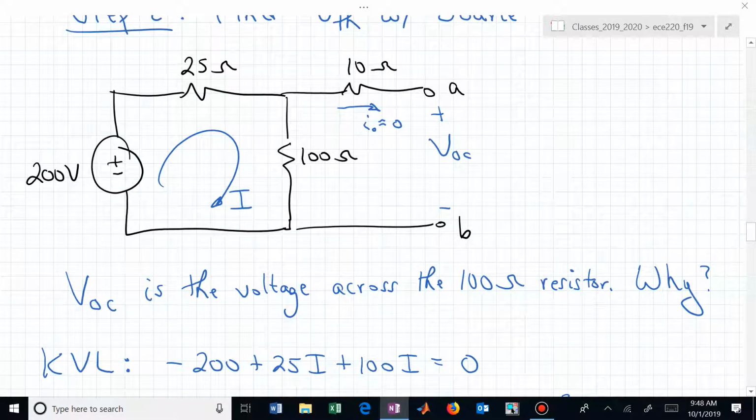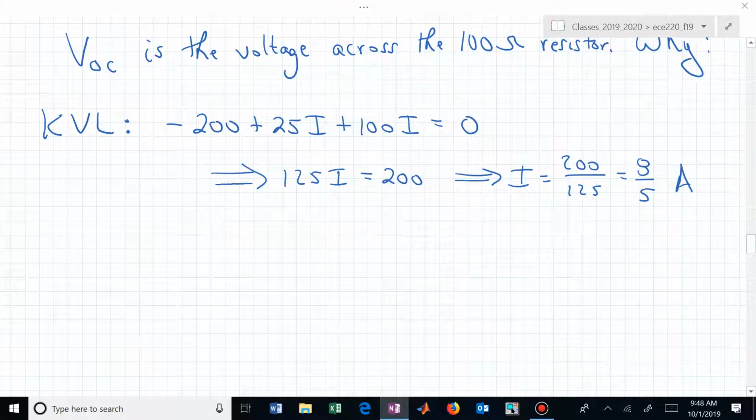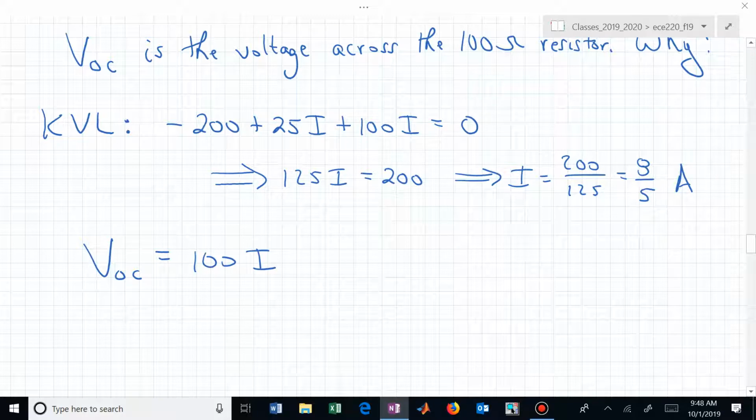The only current flowing through that is the capital I. We could back that out if we wanted to, but by performing another KVL that we just did, we can actually say that VOC, from our earlier argument, is 100I.